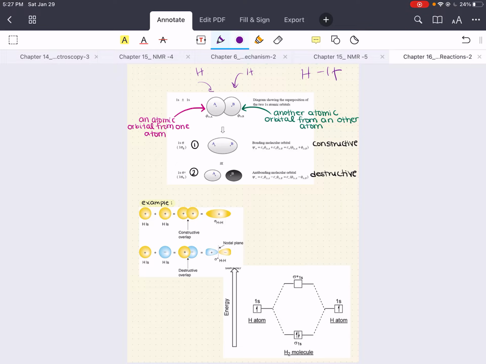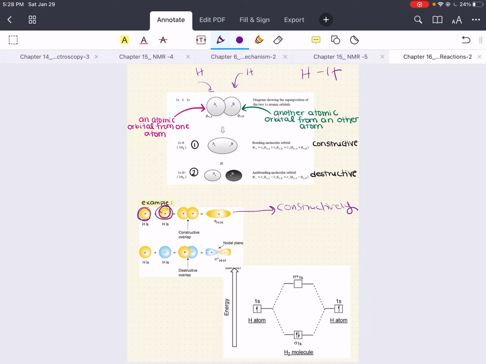MO theory says for sigma bonds, these two s orbitals are going to be replaced by two molecular orbitals, a bonding molecular orbital and an anti-bonding molecular orbital. The bonding molecular orbital comes from if the two s orbitals from hydrogen overlap and interact constructively.